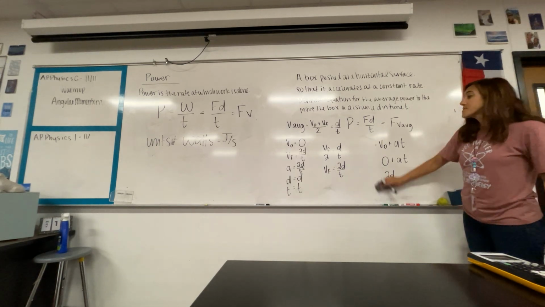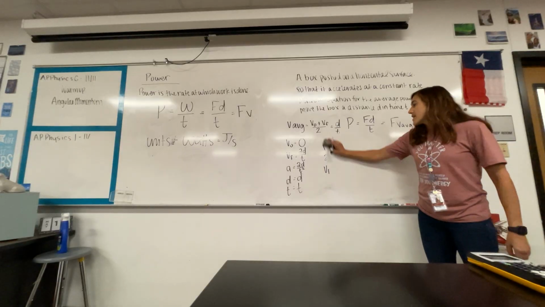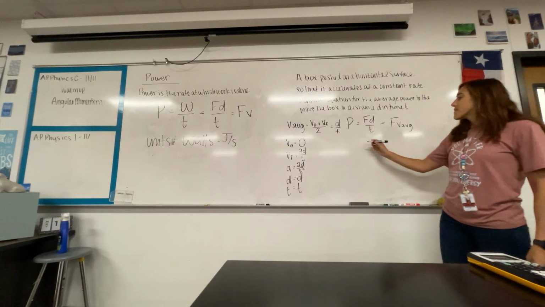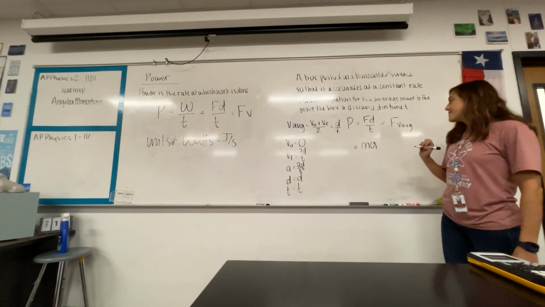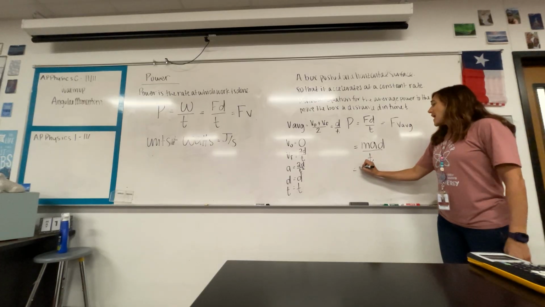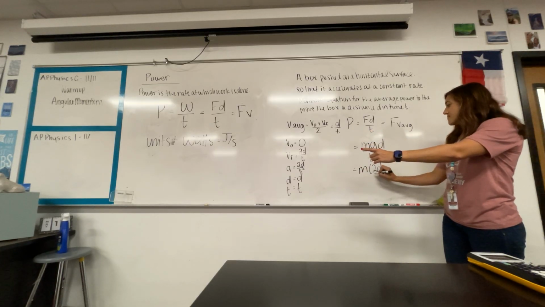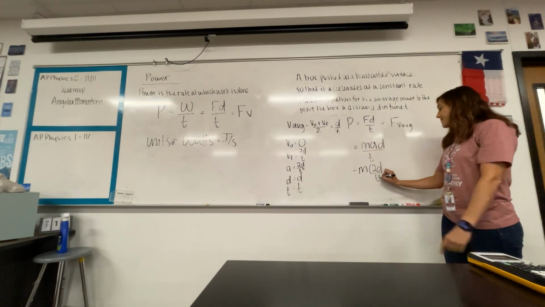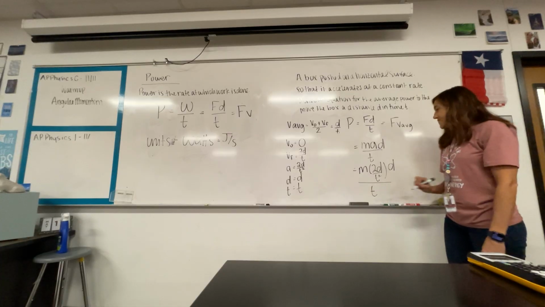I've got it in terms of some of the stuff that I know. So let's write out a final answer using this equation right here. The power would be equal to the mass times the acceleration times distance over time. That acceleration we know is 2d over t squared times d over t.